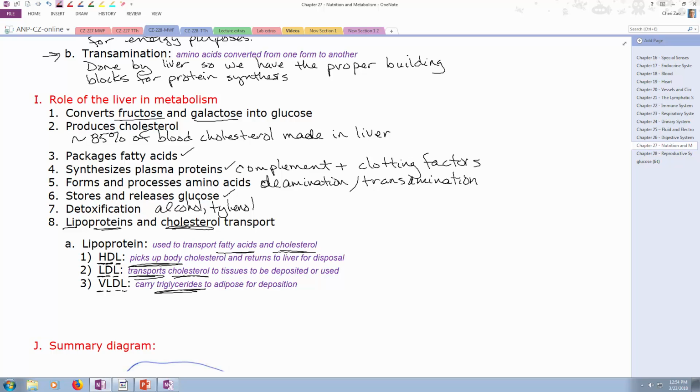When VLDL drops off the triglycerides, it becomes LDL. So that is the cholesterol story, and I think we're going to end right there.